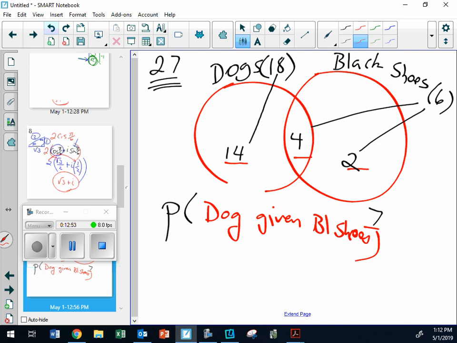What is the probability you will pick a dog person given that they will have black shoes? That means you're only going to ask the black-shoed people. Get a fraction. Compare it to the kids near you. See if they have the same fraction as you.